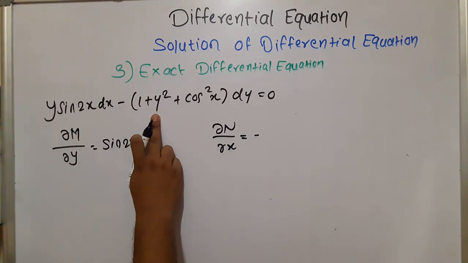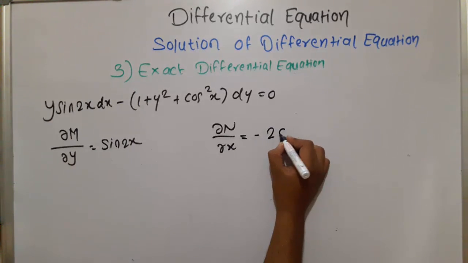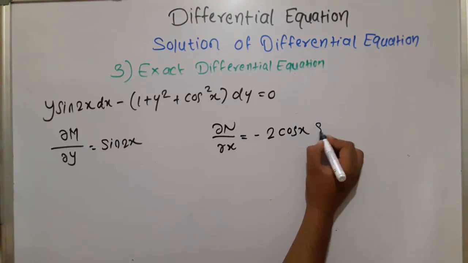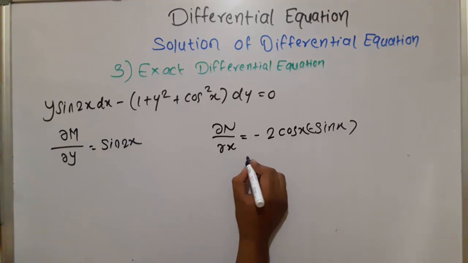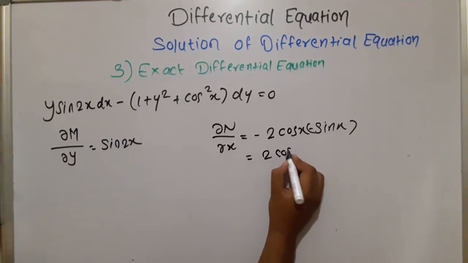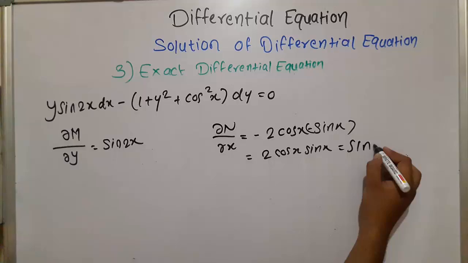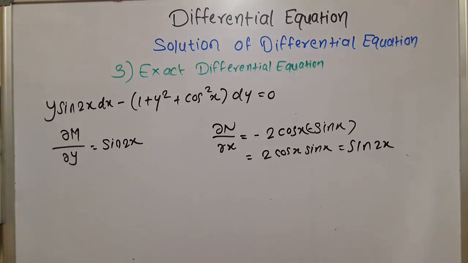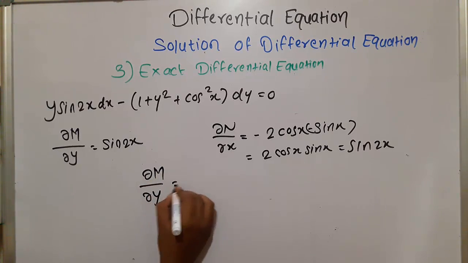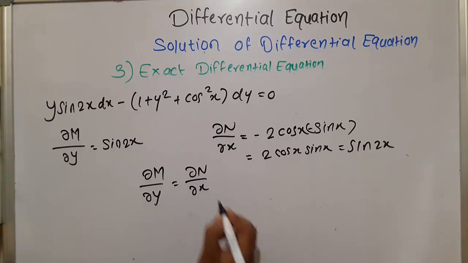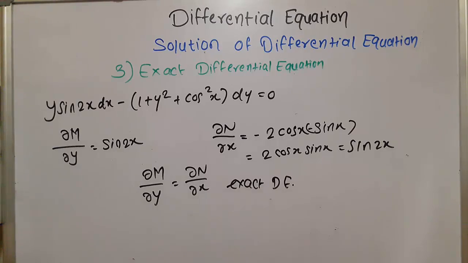The derivative of cos square x becomes 2 cos x times minus sin x, so minus minus gets positive, and the expression becomes 2 cos x sin x, which is sin 2x. It is a trigonometry formula. From that we conclude that del M by del y is equal to del N by del x. So this is an exact differential equation.